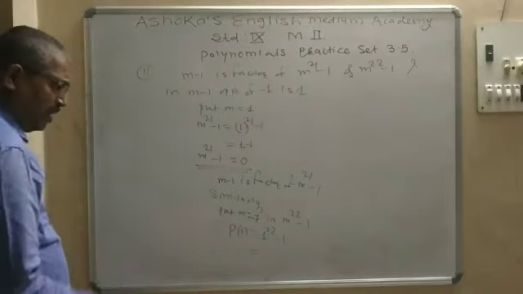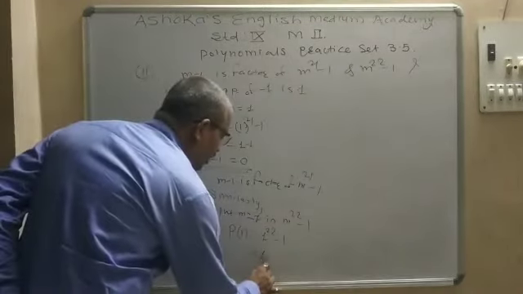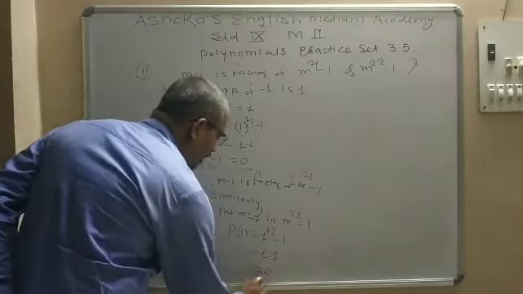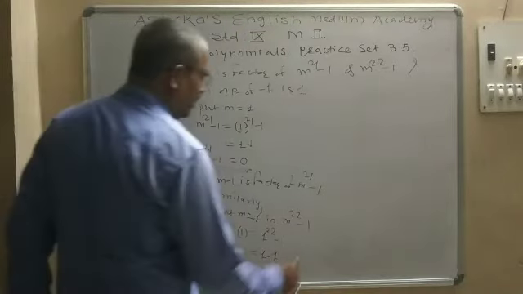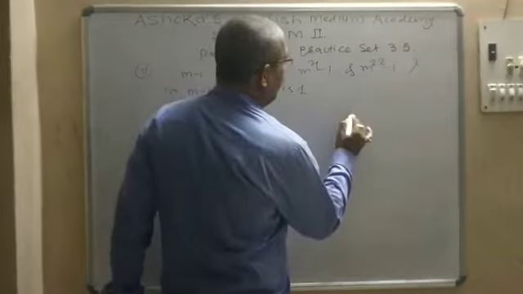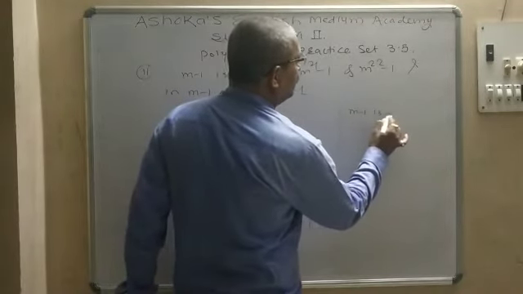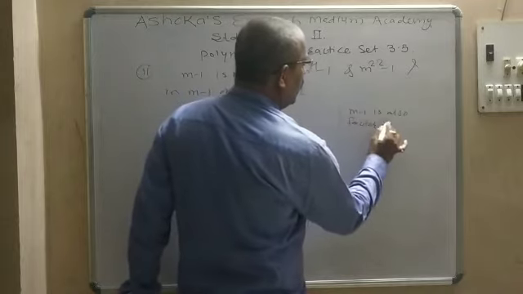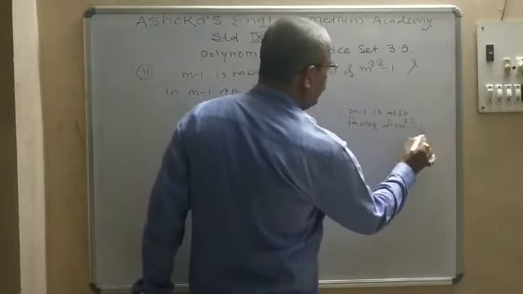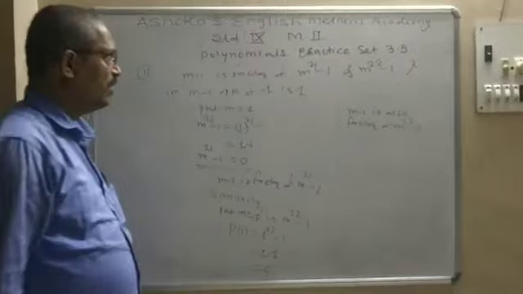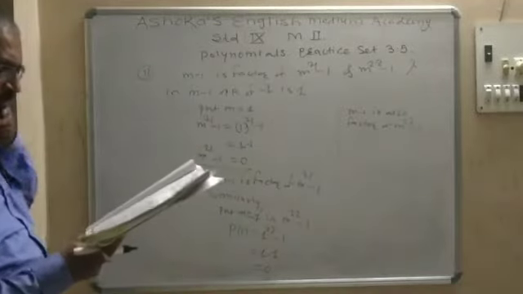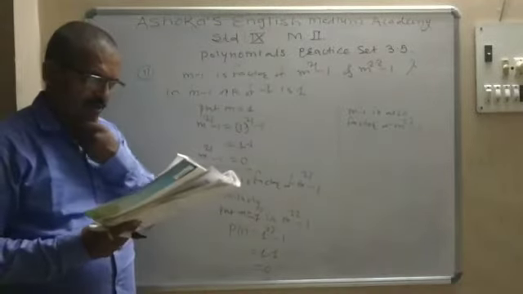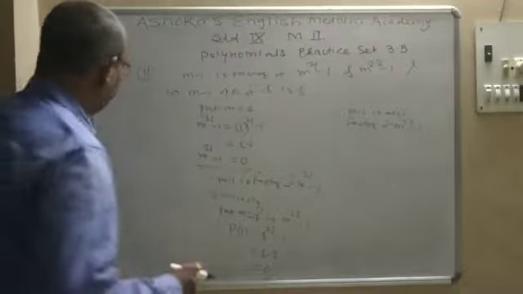Now, 1 raised to 22 means 1, minus 1. You will get here also remainder 0. Therefore, m minus 1 is also a factor of m raised to 22 minus 1. To understand, this question number 11 was so simple. Now we are going to enter question number 12.